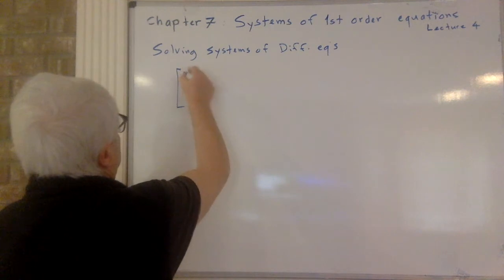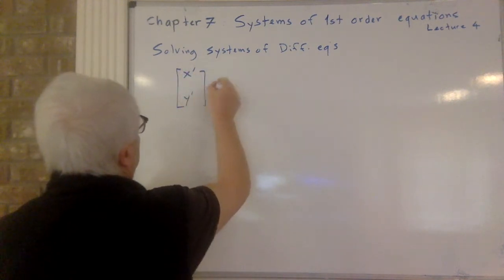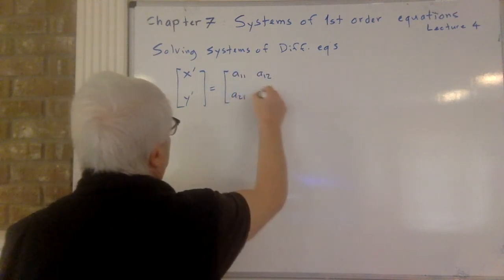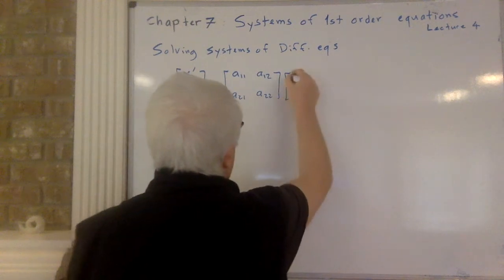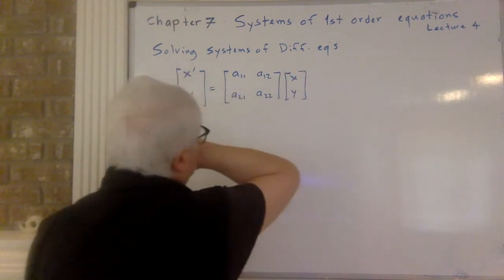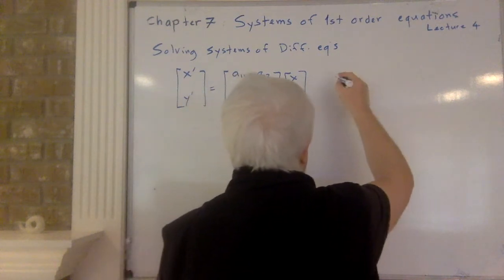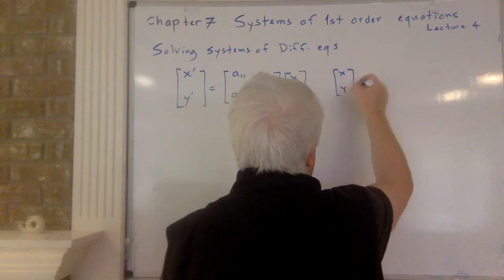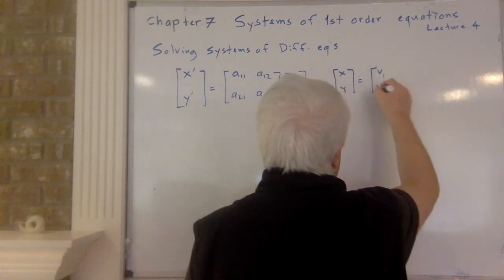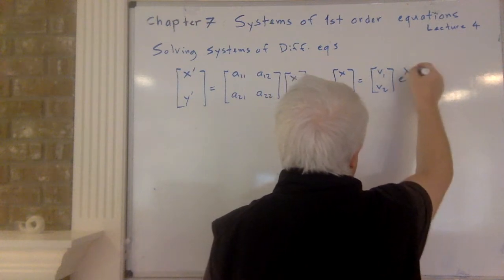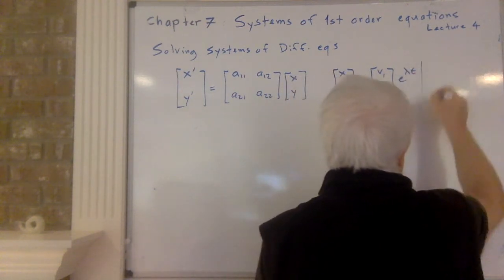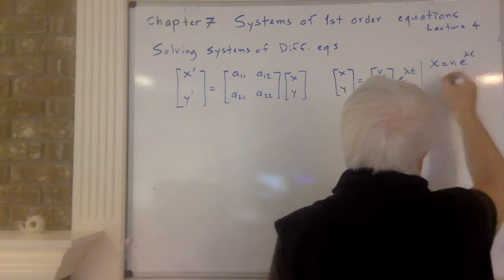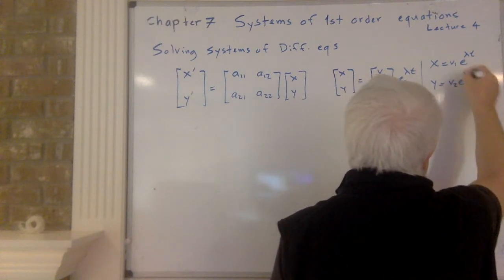I had x prime, y prime equals the matrix a11, a12, a21, a22 times x, y. And then I said, okay, if I assume that x, y is like this, v1, v2, e to the power lambda t, which means that x is v1 e to the power lambda t and y is v2 e to the power lambda t.